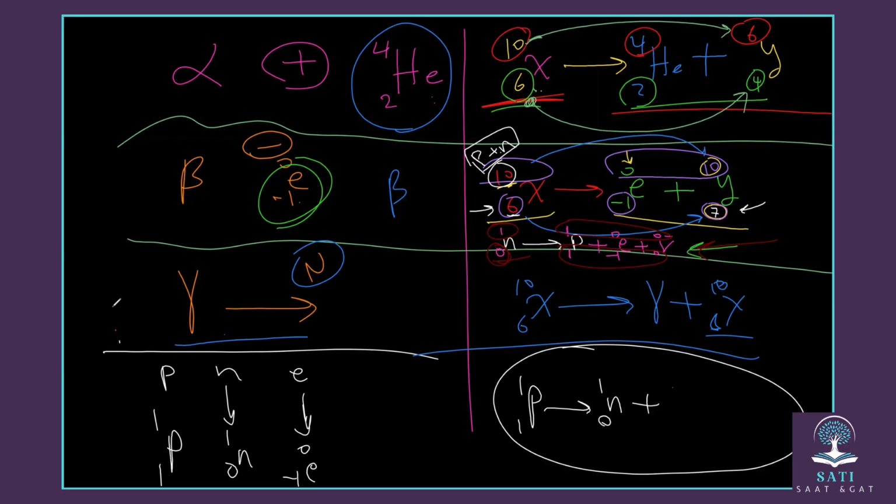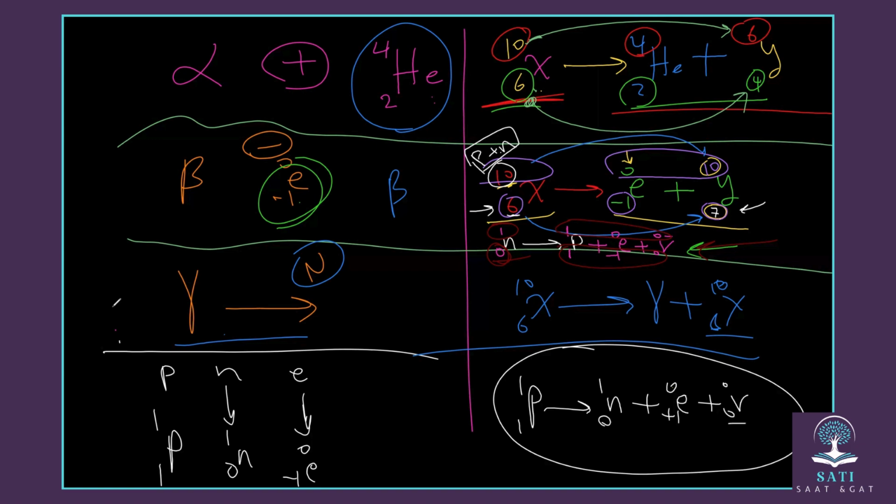But when a proton is changed into a neutron, what will be emitted? Will it be gamma or alpha or beta? No, what will be emitted is a particle exactly similar to the electron, but positive instead of negative, plus a neutrino, which is V here, 0, 0, but it's not mentioned.